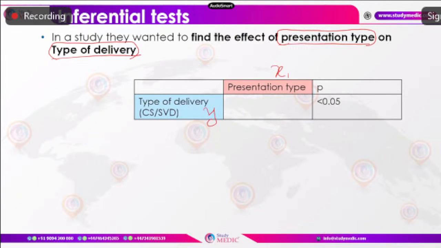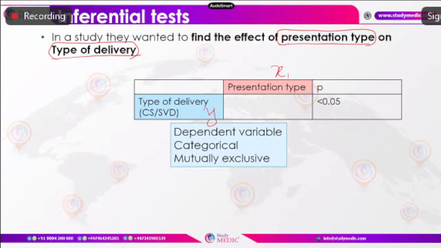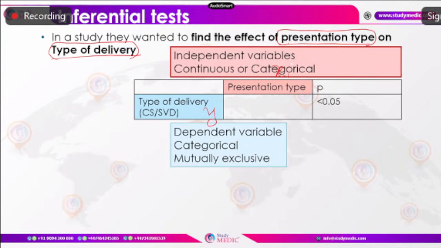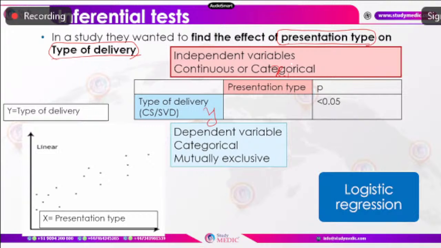It can be continuous also. We should not worry about that. Now, when the dependent variable is categorical and the independent variable is either continuous or categorical, and you want to find out the effect of an independent variable on a categorical dependent variable, then we do what is called logistic regression.